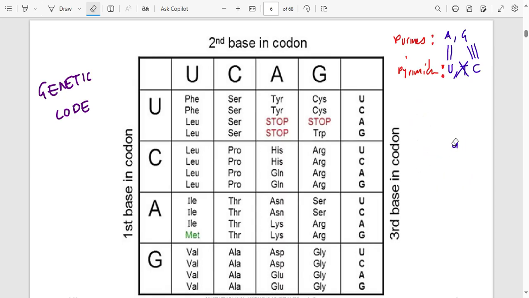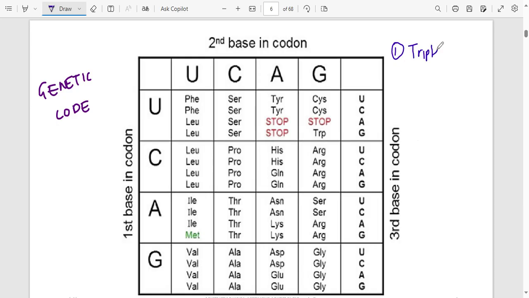Okay, that is easy. Now let's talk about the properties of the genetic code. What are the properties of the genetic code? Number one property that you need to know about the genetic code is that it is made up of triplet codons.